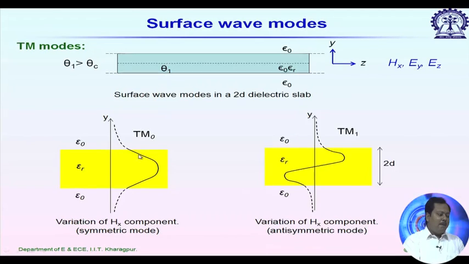We see that inside the dielectric slab on the mid plane, that is the zx plane, Hx has its maximum component, and in air it decays exponentially. And on the right side, this is the first antisymmetric mode, we call it the TM1 mode. As expected, on the zx plane Hx equal to 0, and inside air again it decays exponentially.